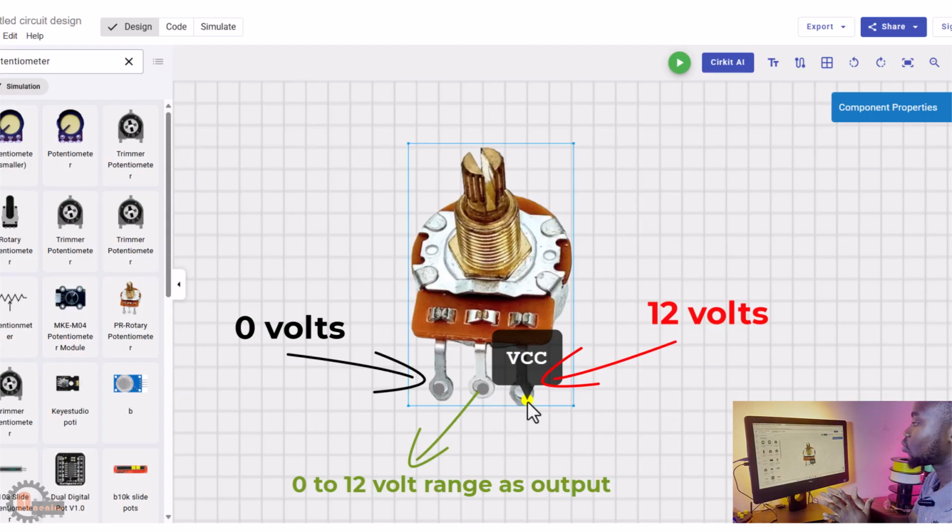So the potentiometer works in such a way that it partitions the voltage at the boundaries, the voltage at the left and at the right. The voltage that you find here is going to be partitioned, and then the output is going to come out of this middle pin.